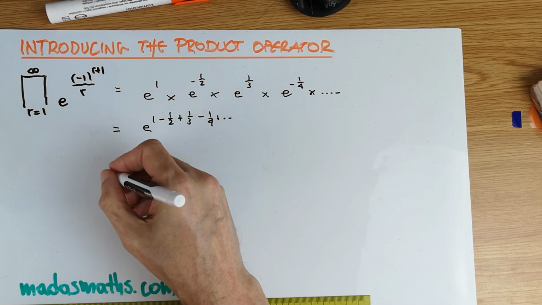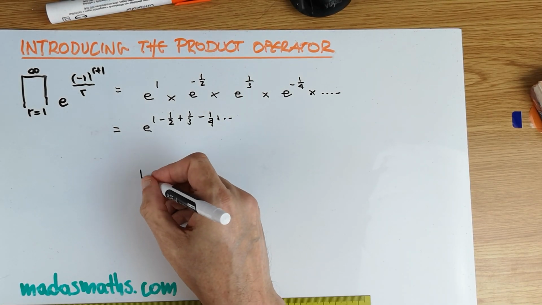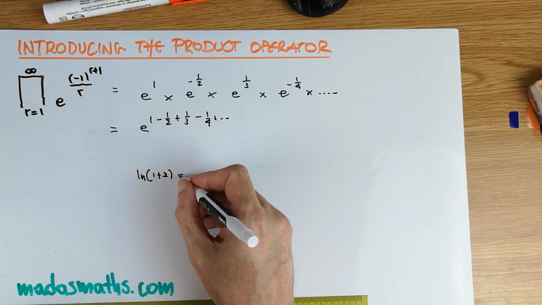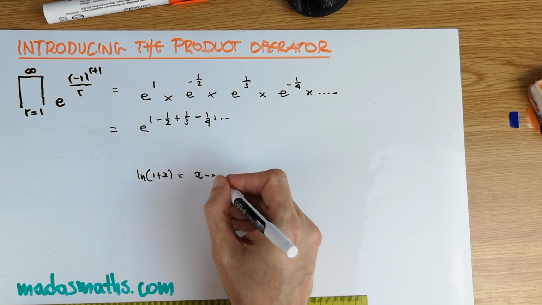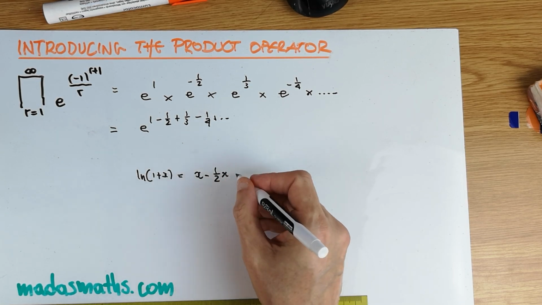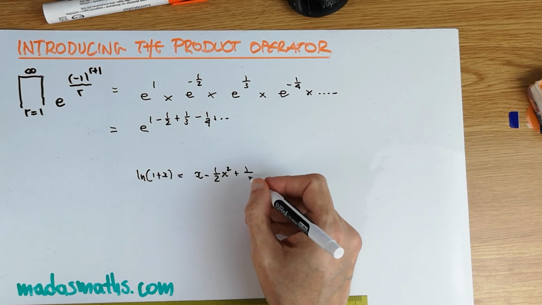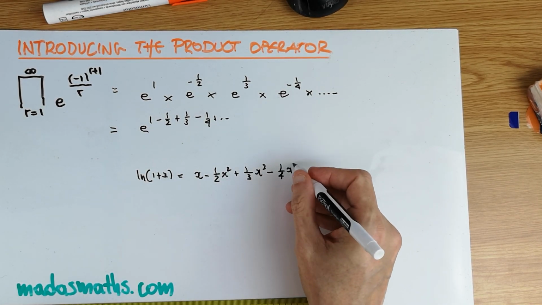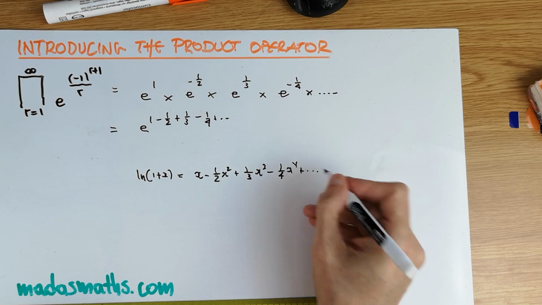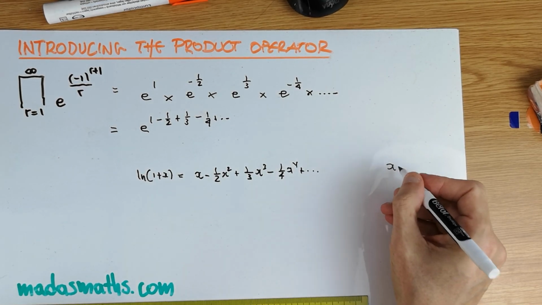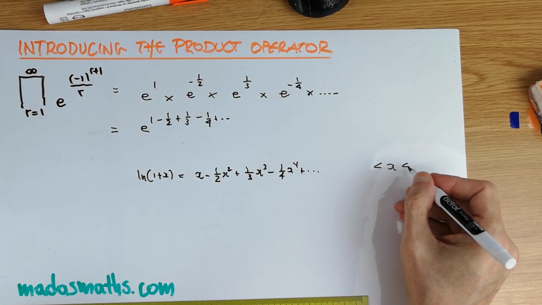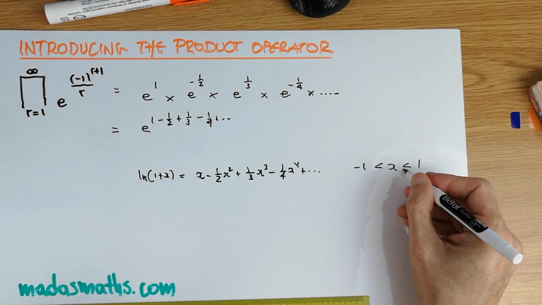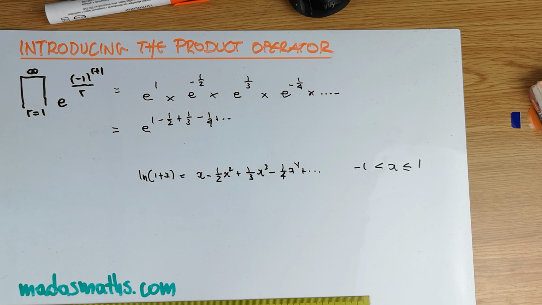If we look at the Maclaurin expansion of the log of 1 plus x, which of course is x minus a half x squared plus a third x cubed minus a quarter x to the 4 plus ... And this is valid between 1 and minus 1. We can have equal 1 but not equal to minus 1.